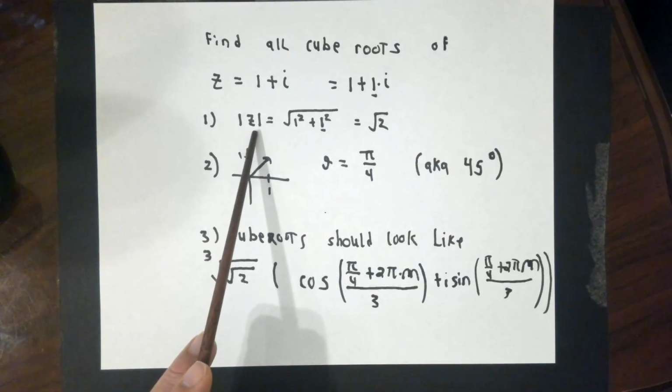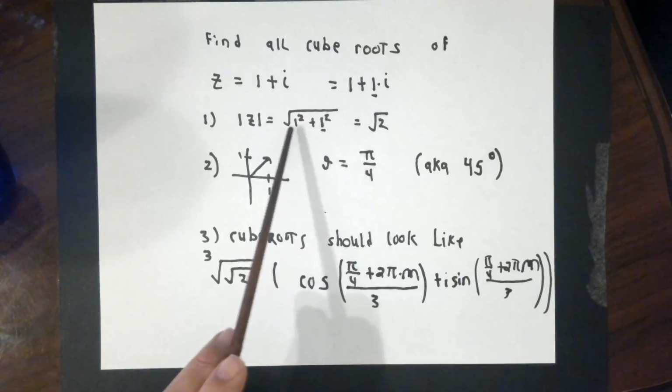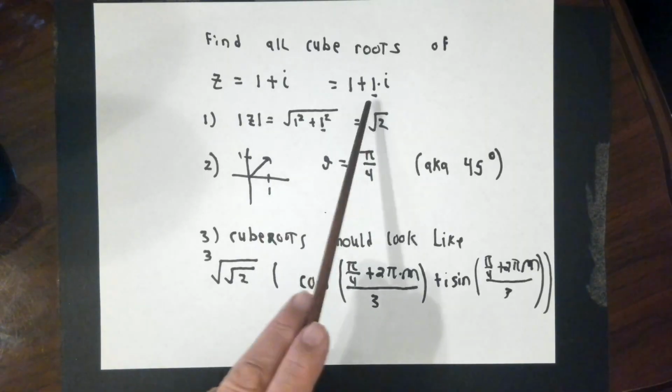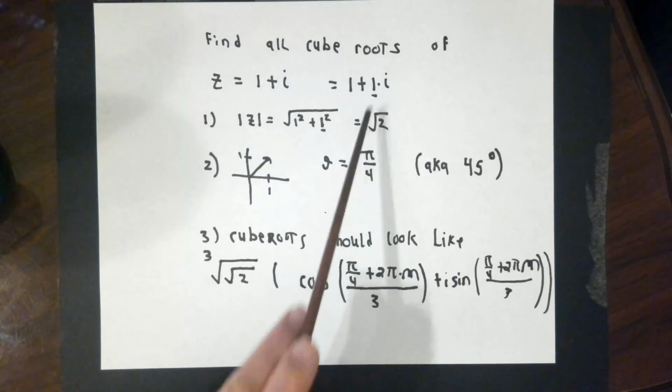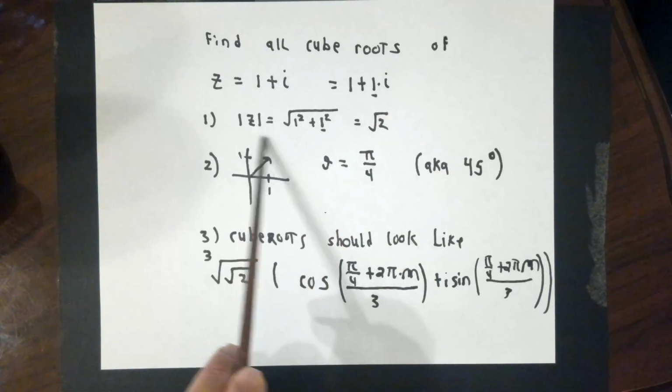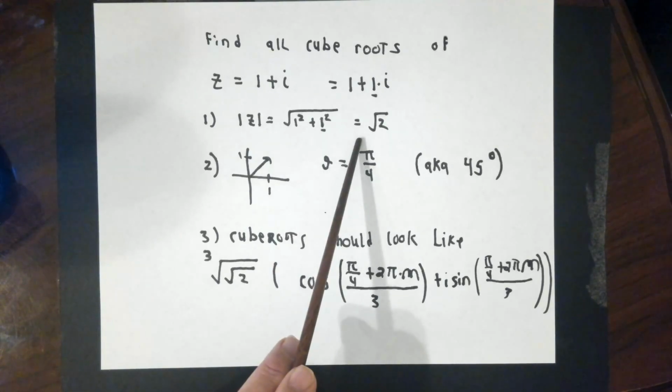The modulus of z is the square root of the real part, that 1, squared. The imaginary part is the coefficient of the i. It's the 1 with the little line underneath it. Modulus of z is radical 1 squared plus 1 squared, which is radical 2.